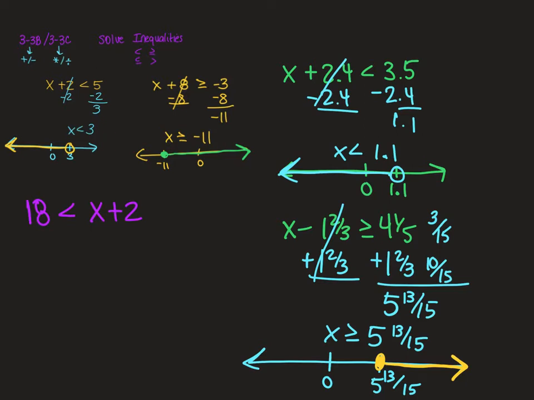All right, let's look at this purple guy. This is a weird question because they put the x plus 2 on this side and the 18 on this side. You can leave it just the way it is and do minus 2, minus 2. My only piece of advice is that when you go to do the picture, you might make a mistake.